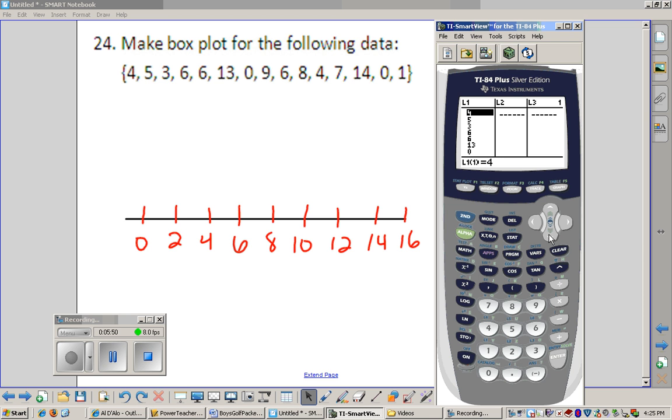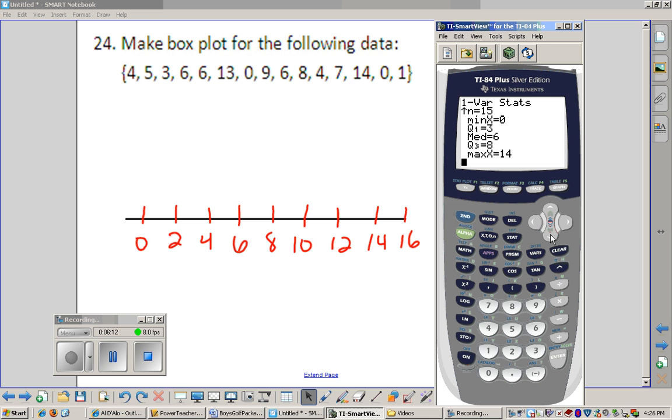I'm not going to do that because I've already pre-entered all my data here. So take a minute to enter yours in, maybe hit pause. Then after it's all entered, hit stat, scroll over to calculate, 1 variable statistics, and hit enter. It gives you all this important information, but the stuff you need to make a box plot is down below.